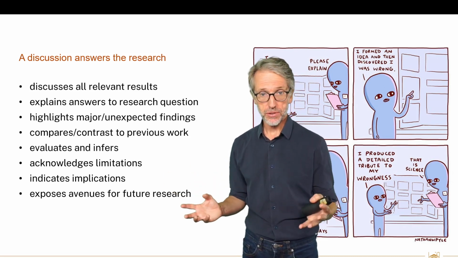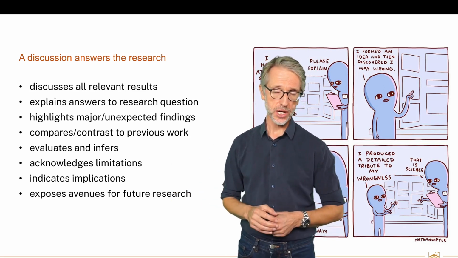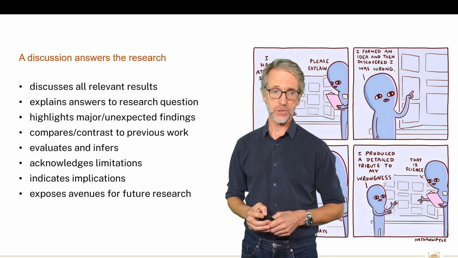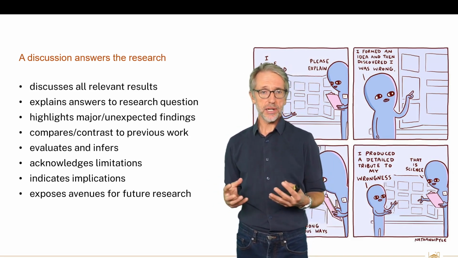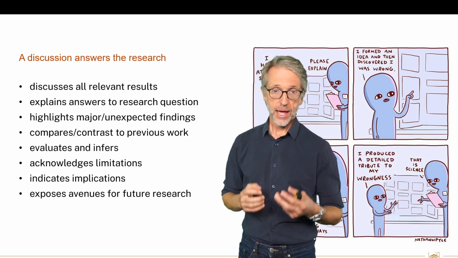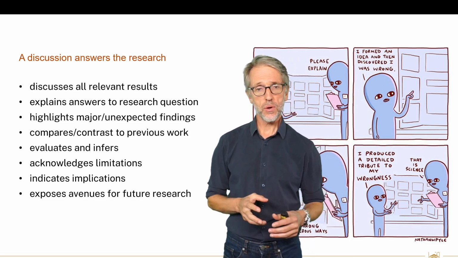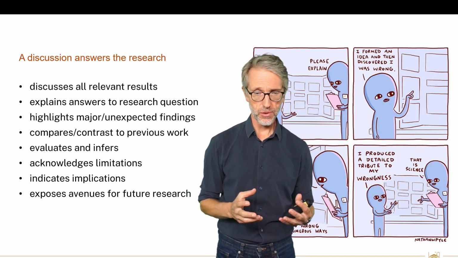Any unexpected or new findings are definitely highlighted in the discussion and again in the conclusion. But all of those results need to be provided in the context of the existing literature. As you saw a few slides ago, we describe, we compare, we evaluate and we infer.